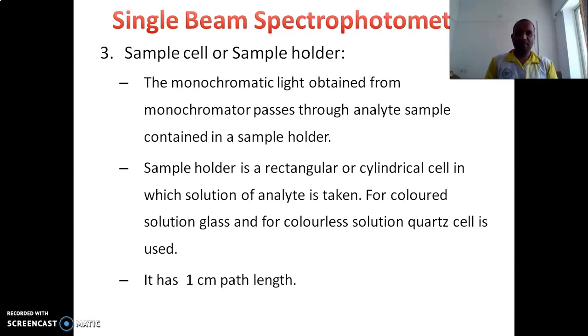Then the sample cell is placed inside the instrument in certain grooves through which the monochromatic light obtained from the monochromator can pass. If we are using a colored solution for analysis, then a glass sample cell can be used, and if you are using a transparent, colorless solution, in that case a quartz sample cell can be used.